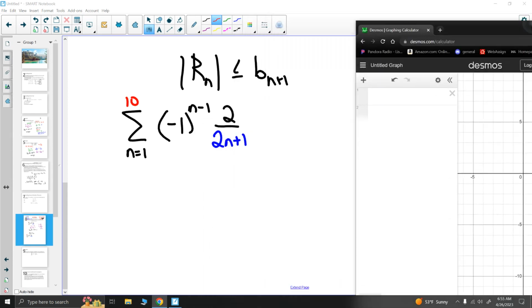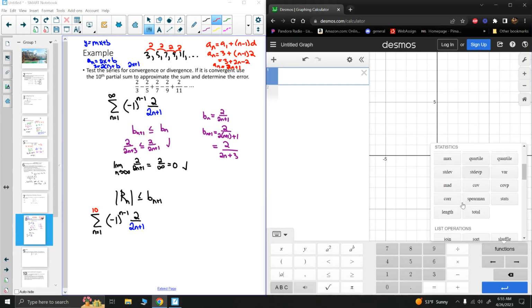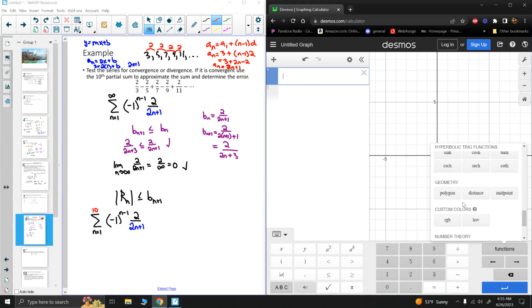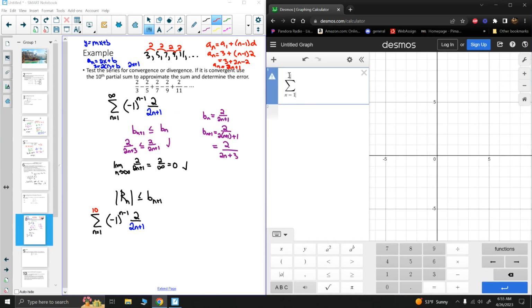And if we go to keyboard, functions, calculus, oops, I went past it, sum 1 to 10 of negative 1 to the n minus 1 times 2 over 2n plus 1. Okay, and we get this value.